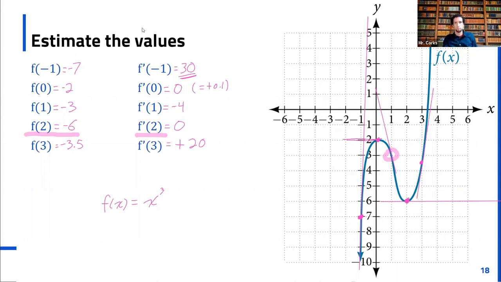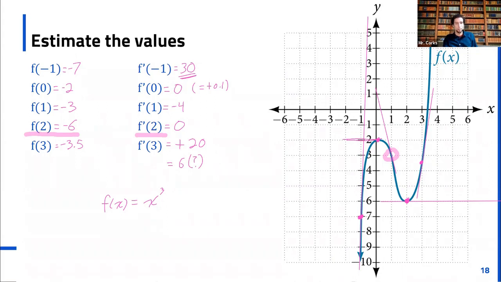About there. And what's the slope of that thing? That's from there to there. That looks like a 6 or a 7 maybe. Doesn't really matter. 6. Big positive number. That's enough for us to be able to recognize.